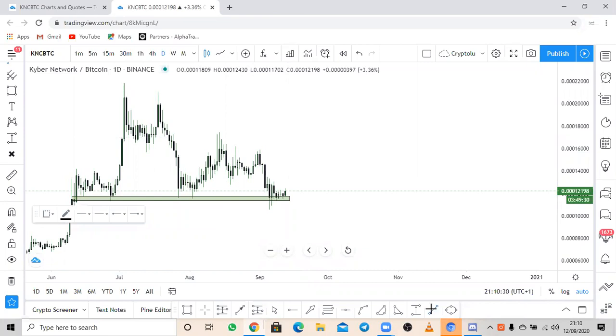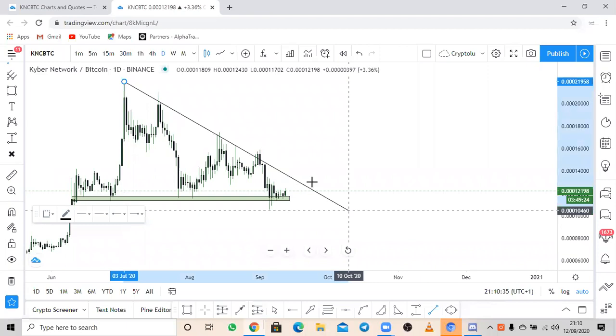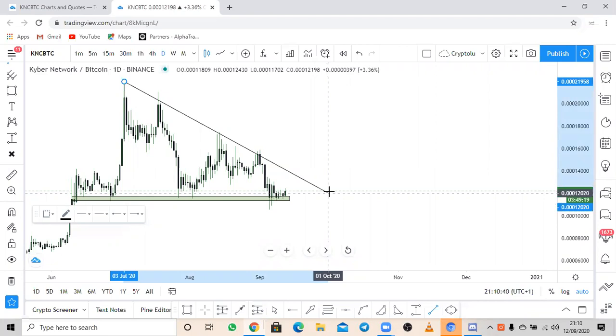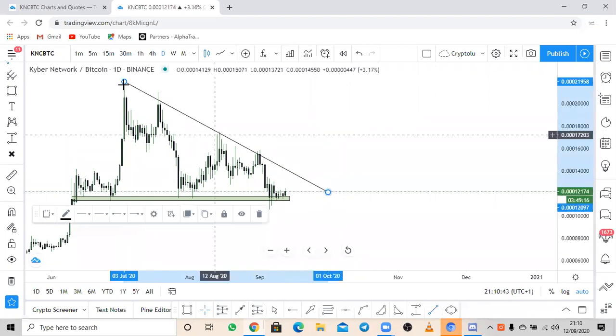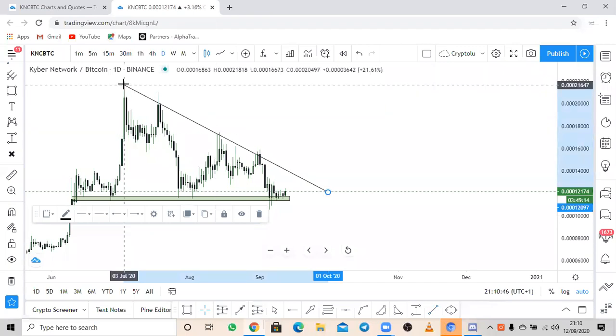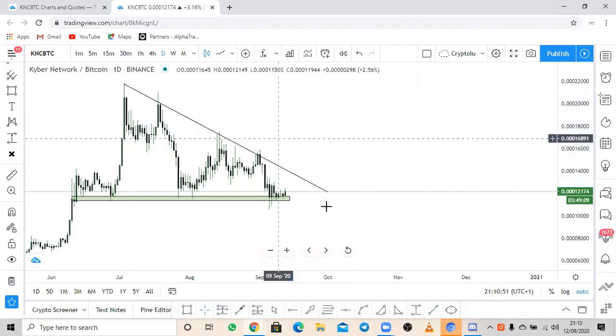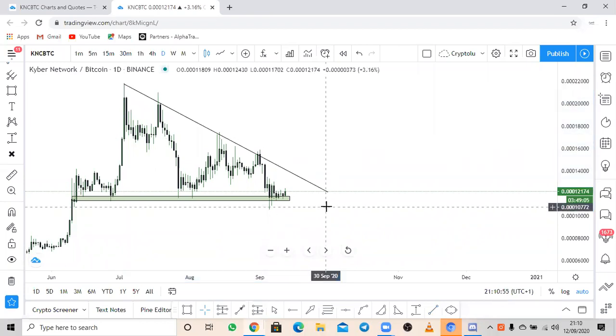If you look at it from here also, we have a downtrending resistance trend line. Okay, so equal lows for a support level gives us a descending triangle pattern.